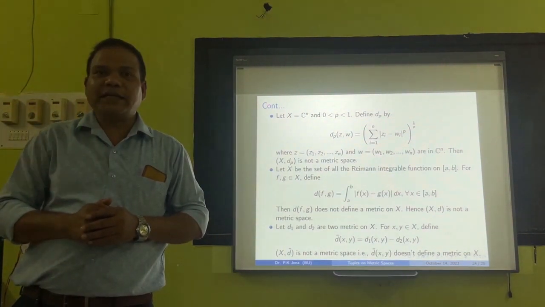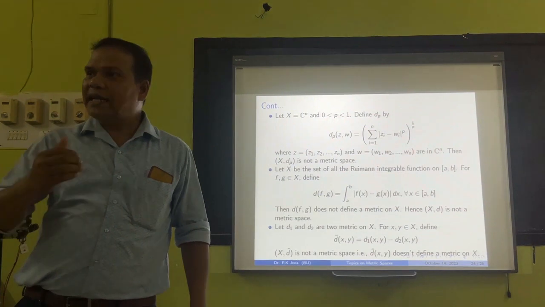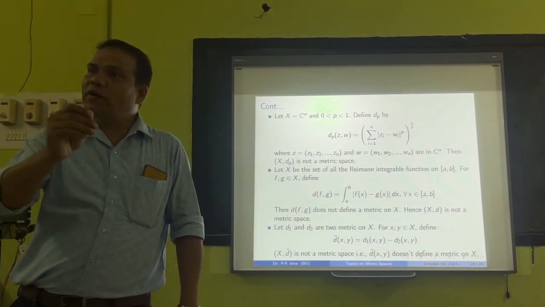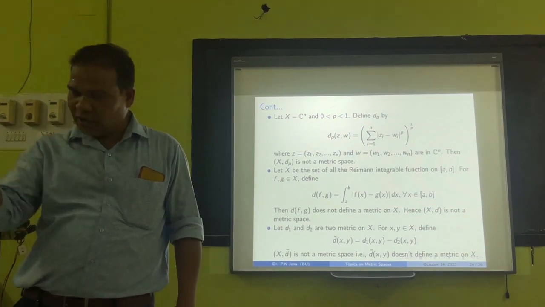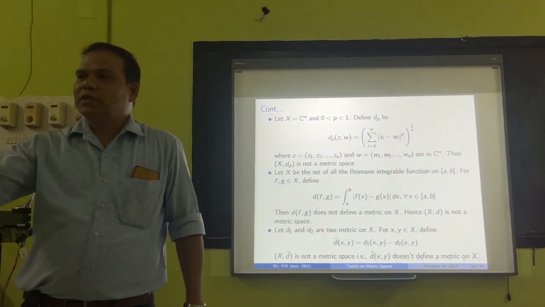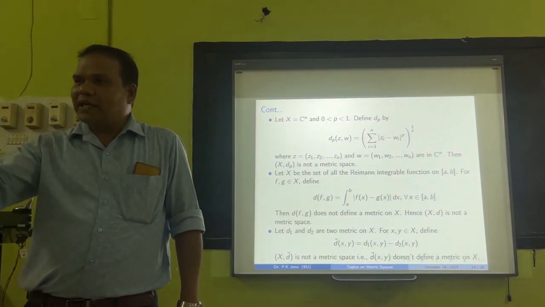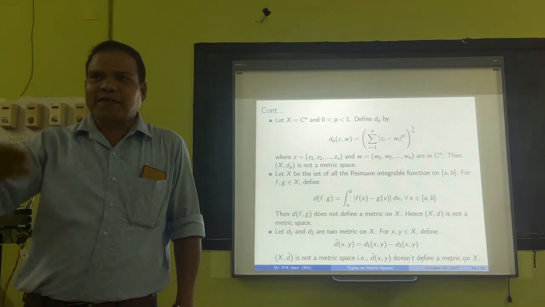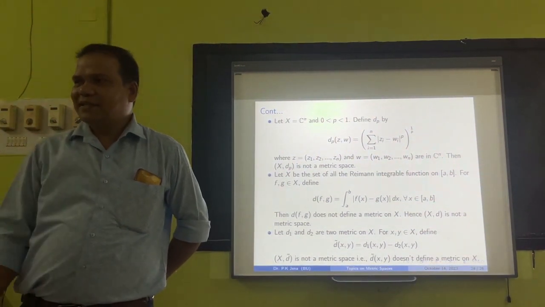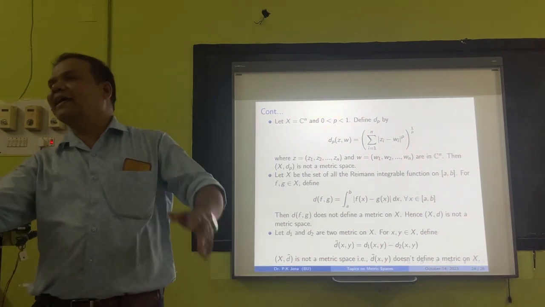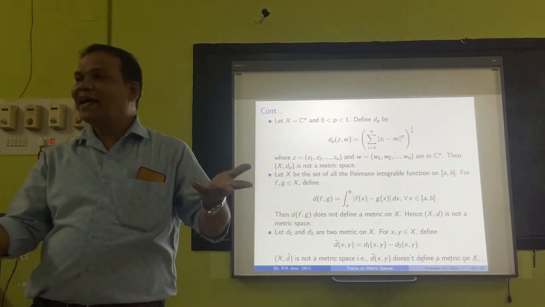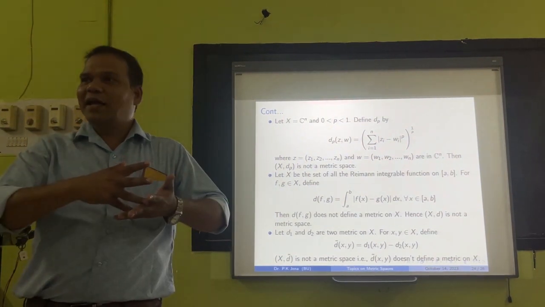If X is any non-empty set, it is not that only a single metric is possible for this set. You can also define another metric. You may ask, sir, how? Suppose X has only one metric. See how I generate another metric by using the algebra of metrics. Minimum of 1 and D will form another metric, and D by 1 plus D is also another metric.